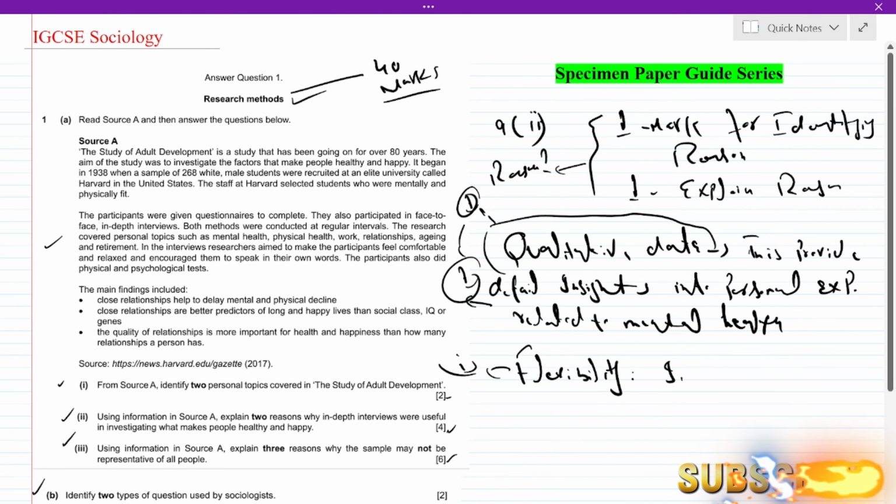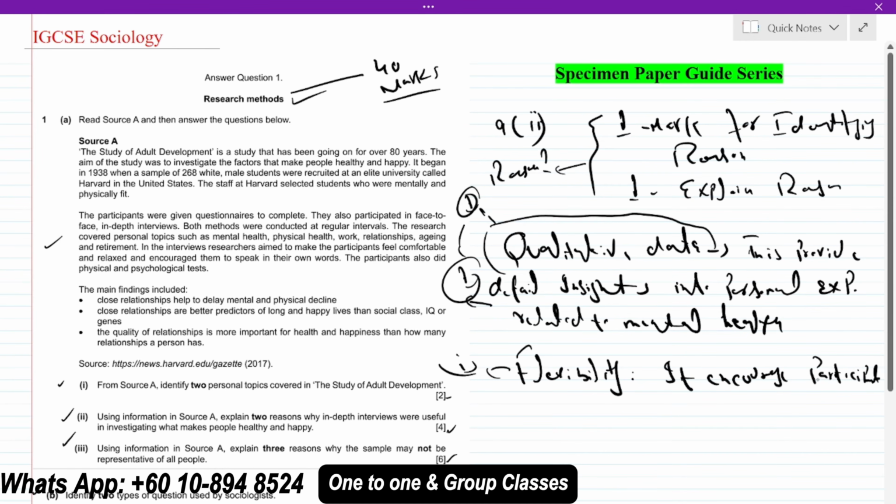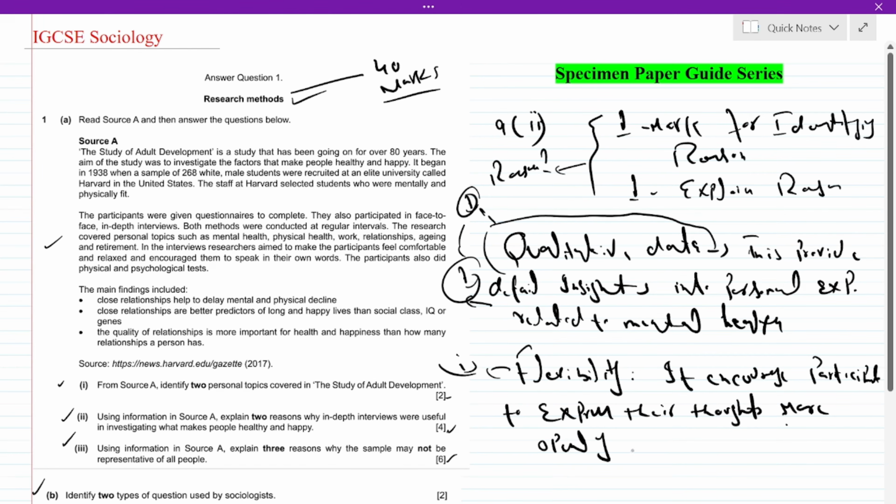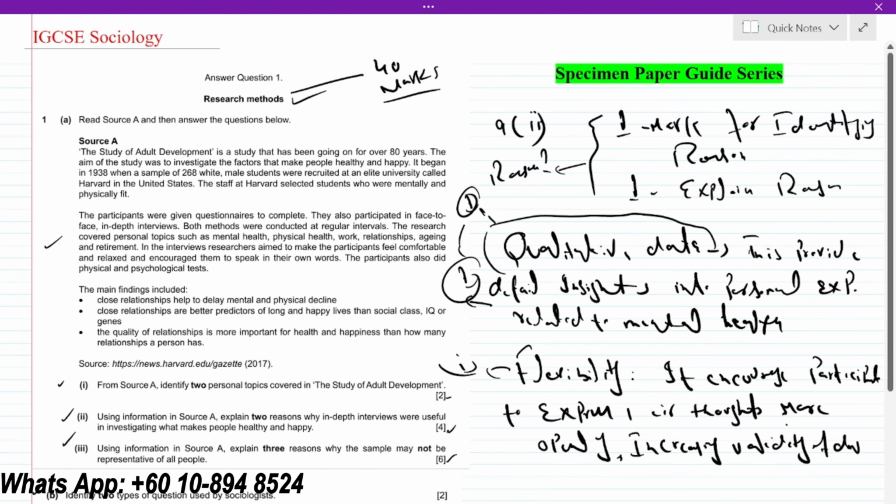It encourages participants to express their thoughts more openly, increasing the validity of the data.